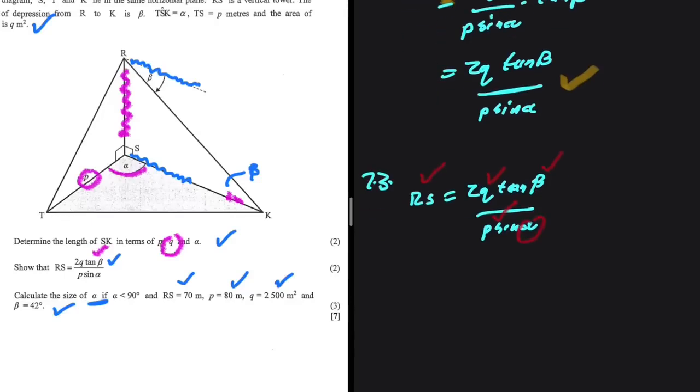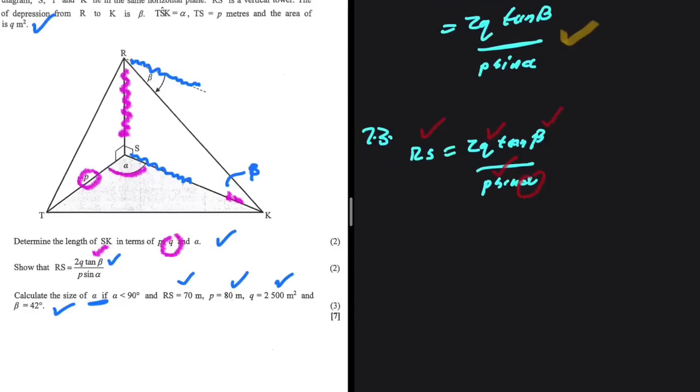If we use this equation, we are only going to have one unknown variable, which is what we're interested in. If we cross multiply and divide, making sine alpha the subject of the formula, we have sine of alpha equal to 2Q tan of beta divided by P multiplied by RS.